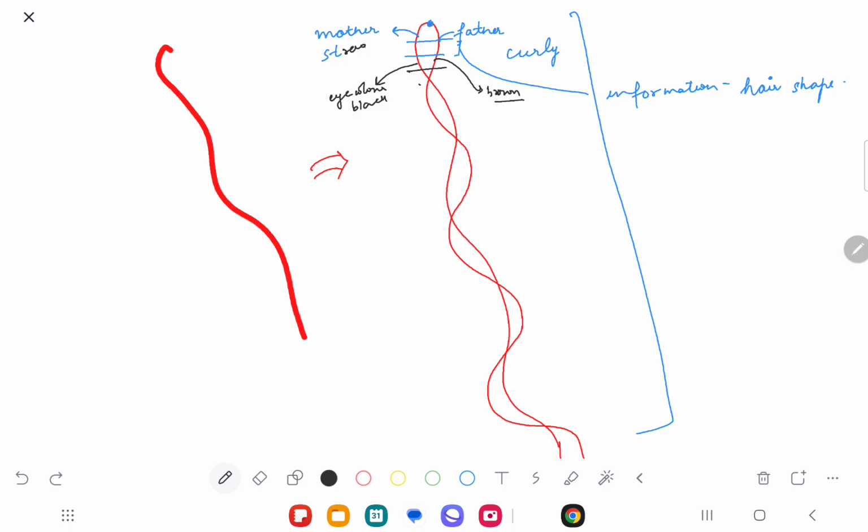Then another portion will hold other information, and in every portion 10 to 15, 20 pieces of information are stored. There could be another portion about the shape of your nose: this strand holds information about your father's nose shape, and this part holds information about the mother's nose shape.